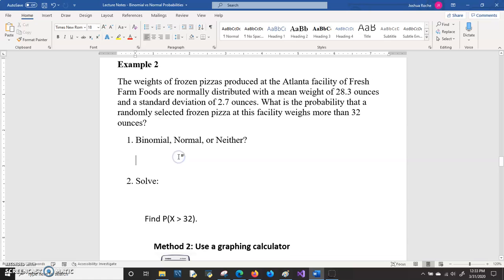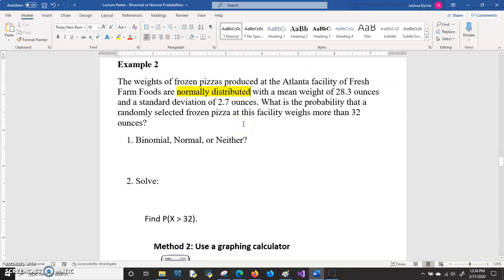So the first thing is, identify, is this involving a binomial distribution, a normal distribution, or neither? These exercises are good to have because they'll usually mention whether it's normally distributed.